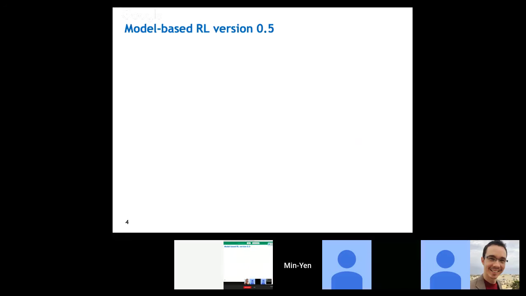We start with algorithm version 0.5. That means we first run some base policy. If you don't have any knowledge, it could be a random policy just to do sampling and collect a data set: the state-action pair and also the next state. So we collect all the observations.